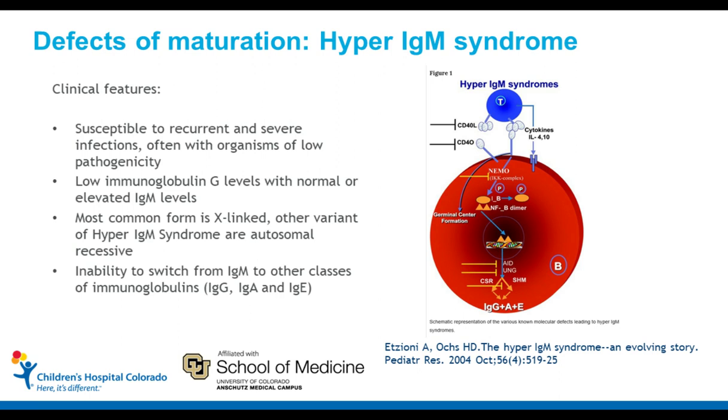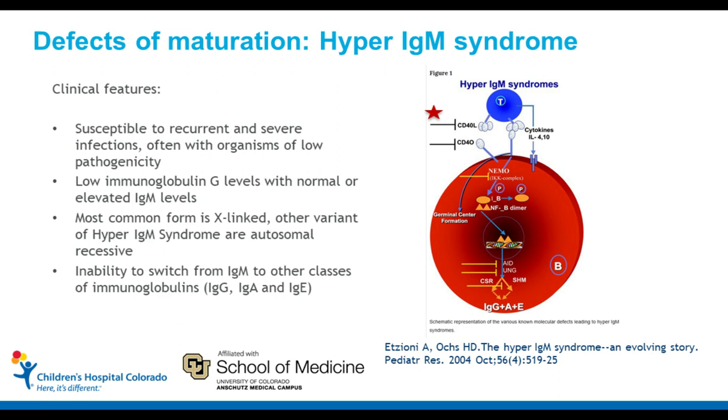The most common form of hyper-IgM syndrome is also X-linked. There are other variations which are autosomal recessive, and these can present in either males or females. The hallmark of all of these syndromes is the inability of B cells to switch from making IgM to making the other classes of immunoglobulins.